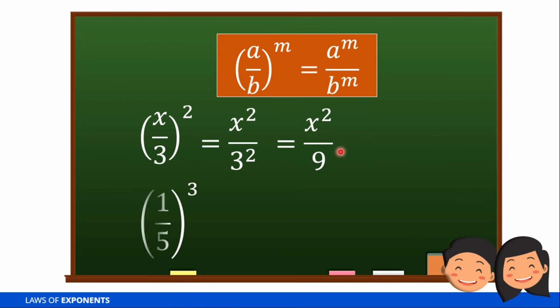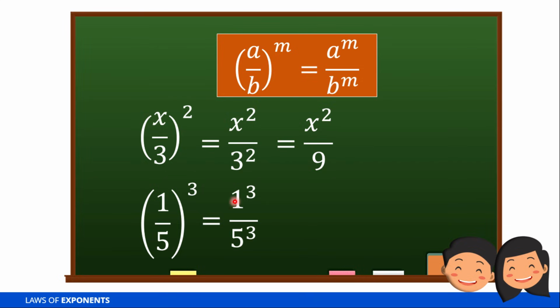Next given. We have quantity 1/5 cubed. So, yung 3, multiply natin sa exponent ni 1 at saka ni 5 na parehong 1. So, that will become 1 to the 3rd power or 1 cubed over 5 cubed.